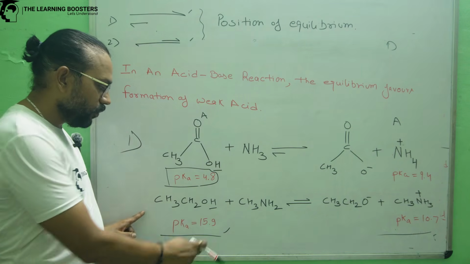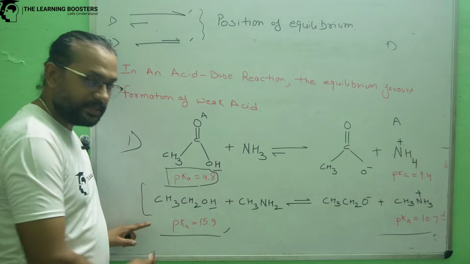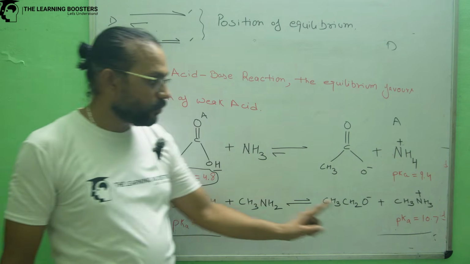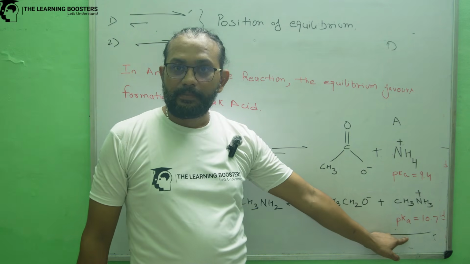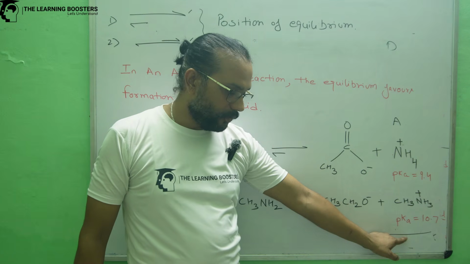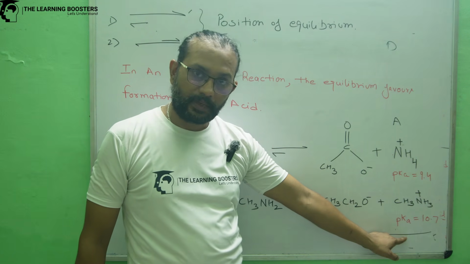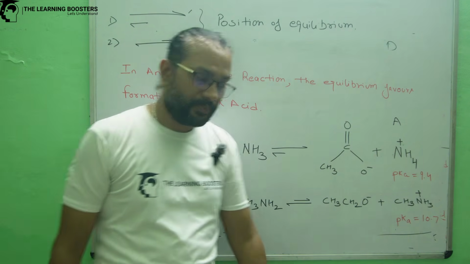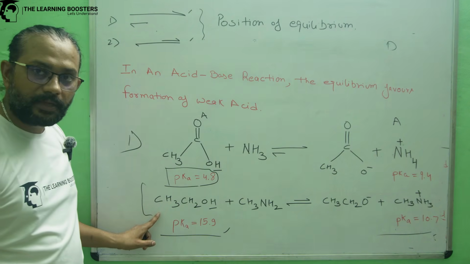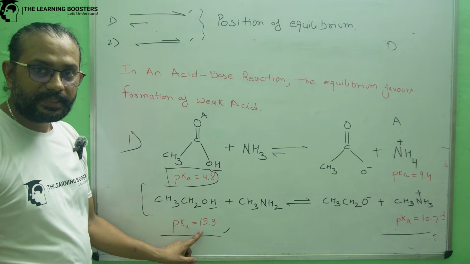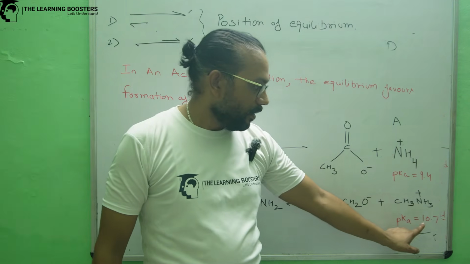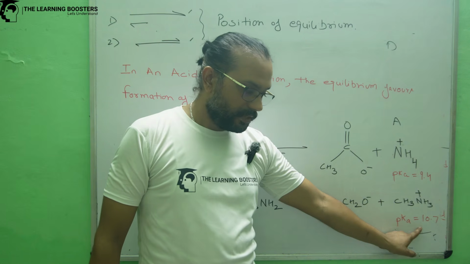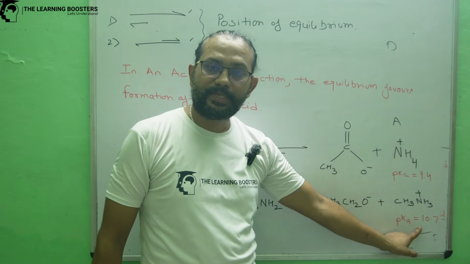Here the proton donor is ethanol. The proton donor on the other side is the methylammonium ion. So next, check the pKa value. The pKa value of ethanol is 15.9, and the pKa value of methylammonium is 10.7.